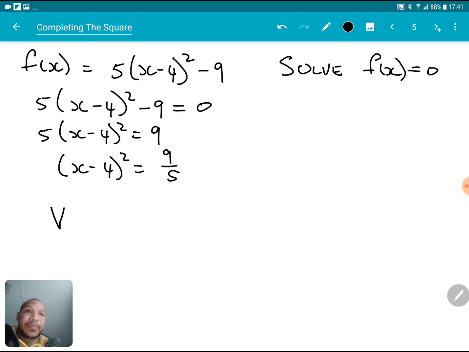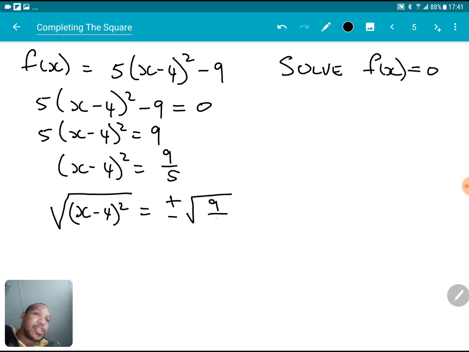Next step, I need to get rid of the square. x minus 4 squared equal to, remember, plus or minus the square root of whatever is on the right hand side. x minus 4 equal to plus or minus, and if it's a fraction, or if it won't give you a perfect square, you can just leave it in surd form. So the square root of 9 divided by 5, and remember it's plus or minus.